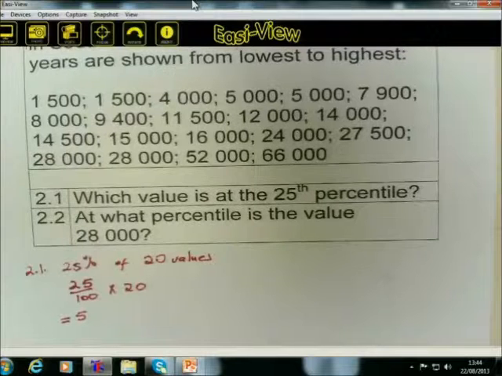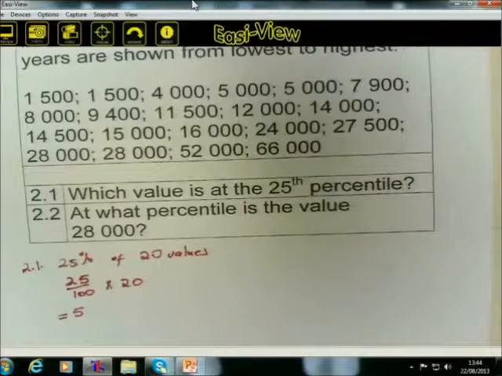This 5 gives us the position. It means the value in the 21st percentile is position number 5 in the data set. Let's go and look at the first value in our data set, remembering that our data set is already arranged from lowest to highest. So the first value in our data set will be on the 21st percentile.